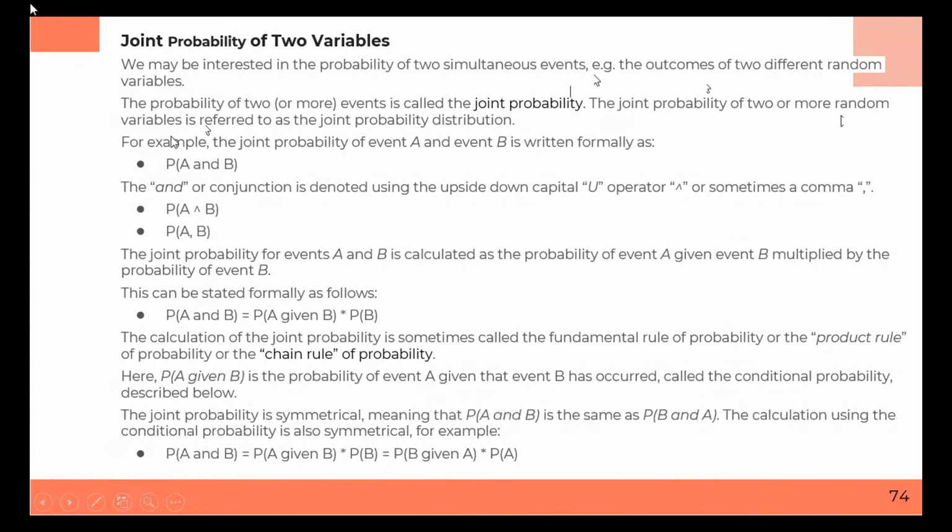Two or more random variables is referred to as a joint probability distribution. Obviously, we are going to distribute the possibilities over two variables. You are depending on two variables to find the probability.